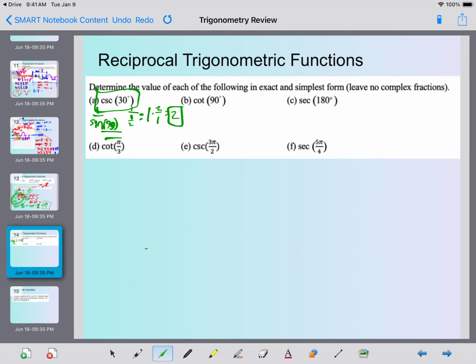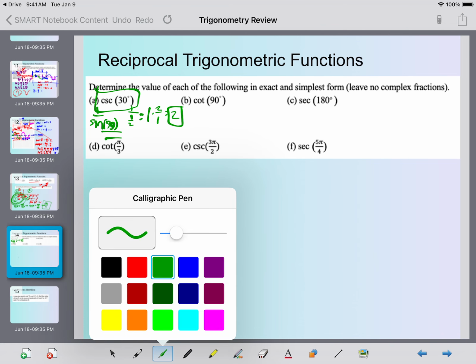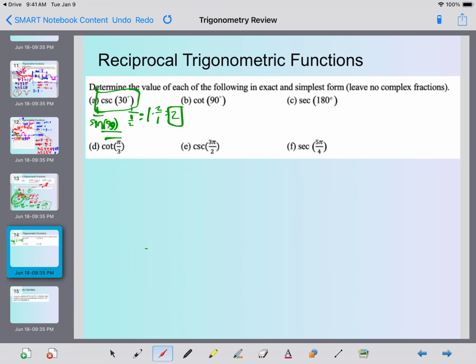You don't know what that is. Unless you memorize that the answers are either radical 2 over 2 or radical 3 over 2, and then you put that in your calculator as well just to verify, right? I'm trying to give you options, but this is how you really should go about it if you understand it.